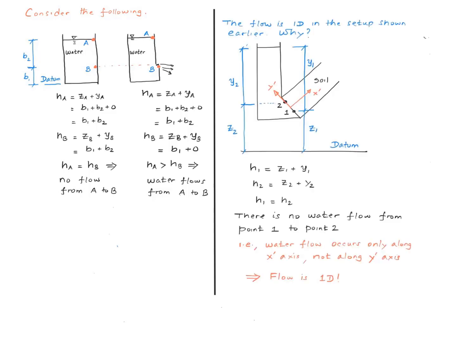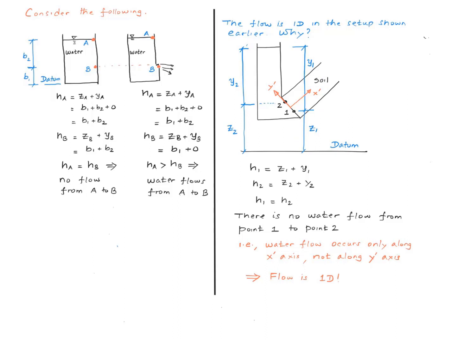I promised you earlier that I will come back and prove it to you that the flow condition involved in the earlier setup is one-dimensional, right? So let's go ahead and do that. What I have done here is that I have drawn the lower part of the setup to an exaggerated scale for clarity.